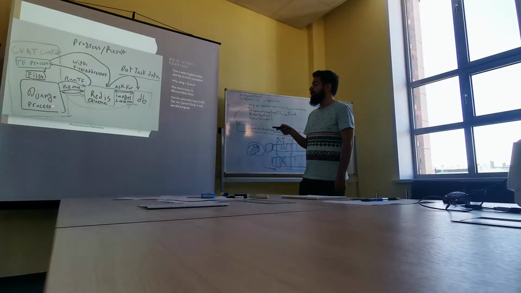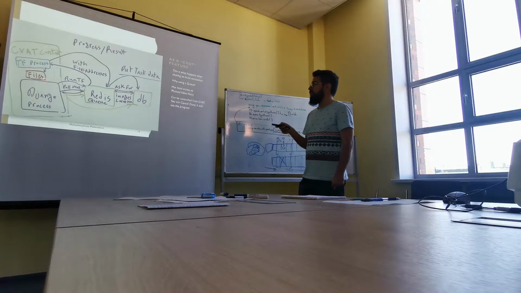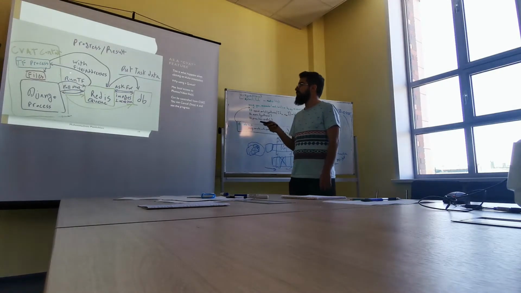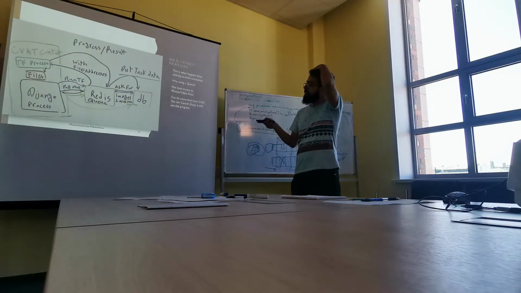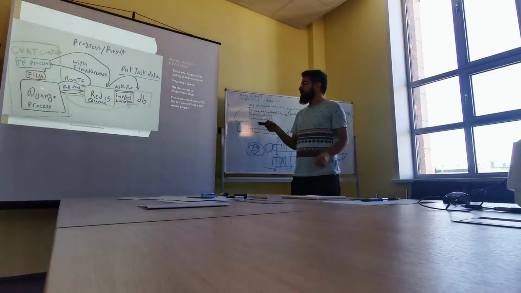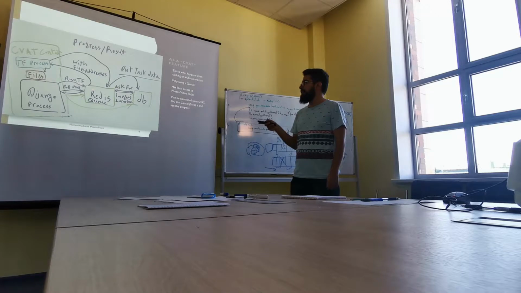Inside here we have the Django process, our uploaded files like images or videos, and TensorFlow processes, which have some feature for object detection. So when you click on the button, it creates a task in the Redis queue.